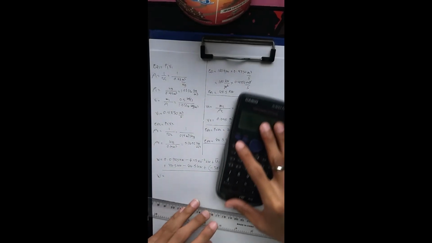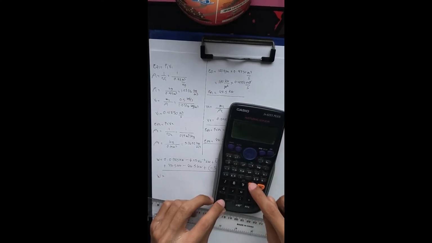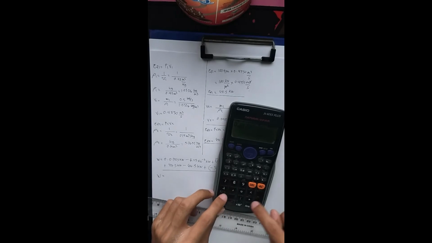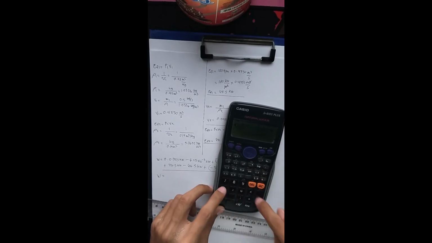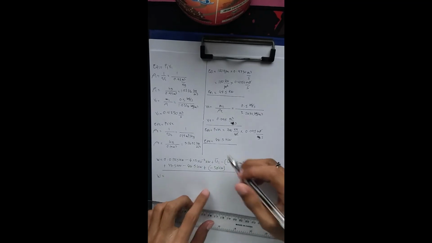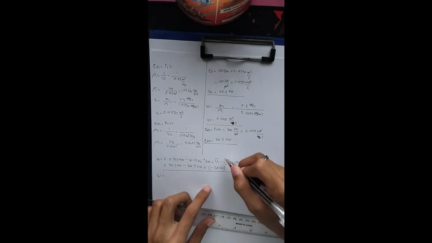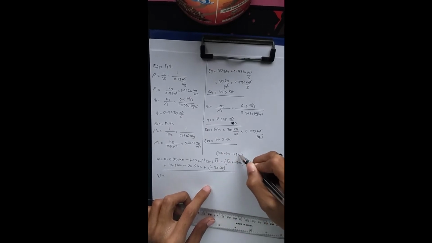So I'm going to simplify this one now. 0.1225 minus 0.01225 minus 6.25 times 10 to the negative 3, and then minus U1 minus U2, so this will become U1 minus U1 minus 45 kilowatts.